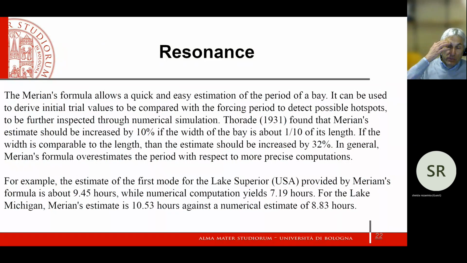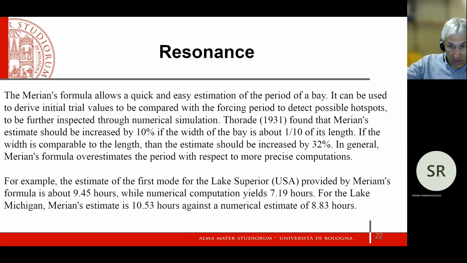As I said, to get an order of magnitude, we need to check whether there might be a correspondence between the natural period of the basin and the period of the incoming wave. And if we see that there is a reason for concern, we may move forward with a numerical simulation.